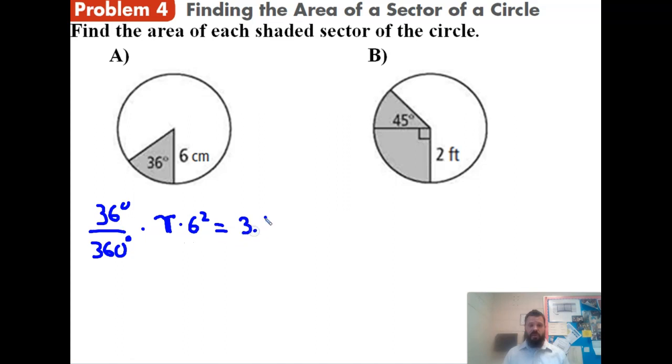That gives me 3.6. So I can say 3.6 pi centimeters squared. Okay, squared units because we're talking about an area. Okay, that's finding not arc length, sorry. That's finding the area of a sector.